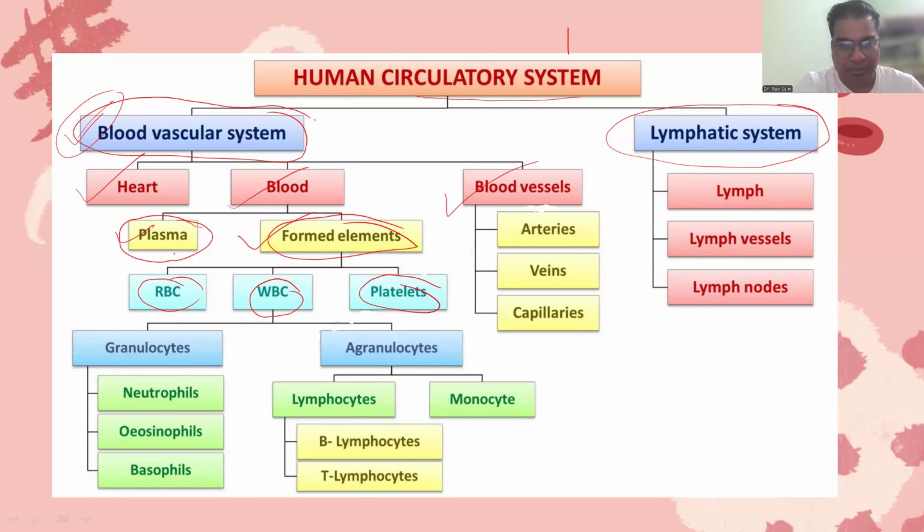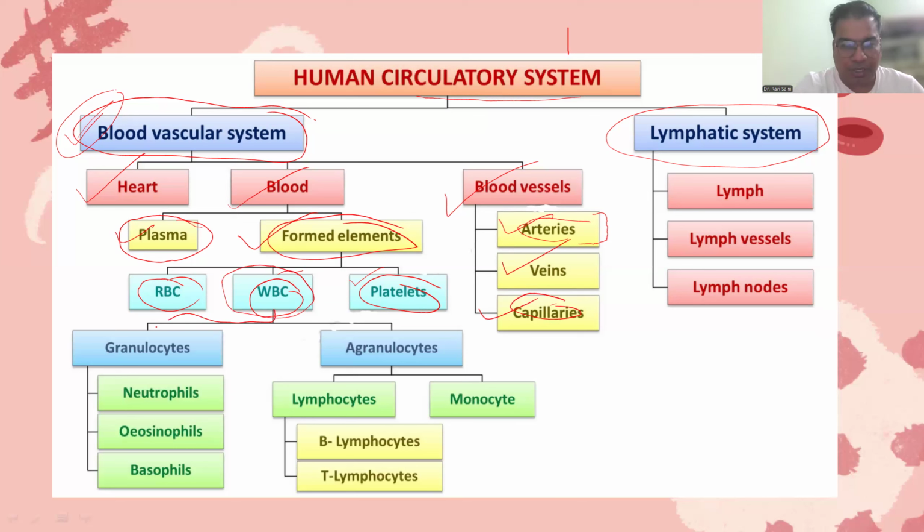The first one is the plasma, which is the fluid portion, and the second one is the formed elements or the cellular portion, in which we have red blood cells or erythrocytes, WBCs or leukocytes, and platelets. In blood vessels, there are three structures: arteries, veins, and capillaries.